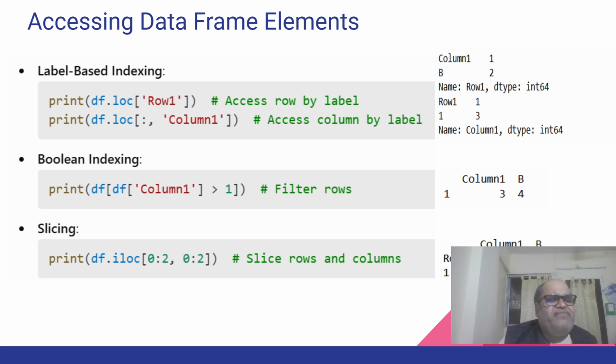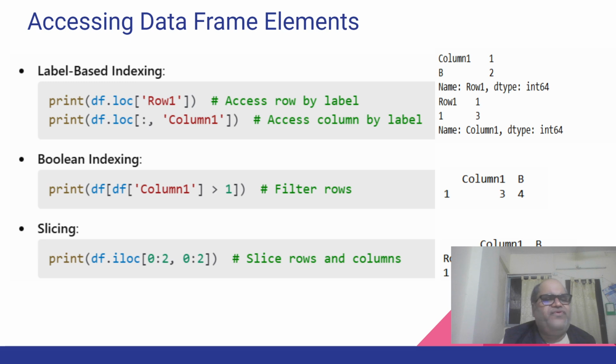If you don't need to provide a label, then you can call iloc. So you call df.loc and then you call row 1, right? You can get it. Then you can also provide it in a slicing approach, where you can give a set of columns. So you are saying access column by label, right?